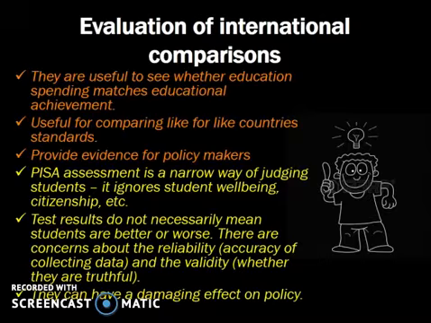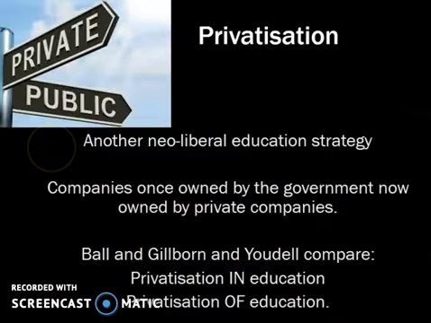There are concerns about the reliability of collecting the data and the validity, whether they are truthful. We know ourselves that schools can manipulate data. They offload certain students so then they don't appear in league table statistics, for example. And these policies will have a damaging effect on the policies that are created in the UK.